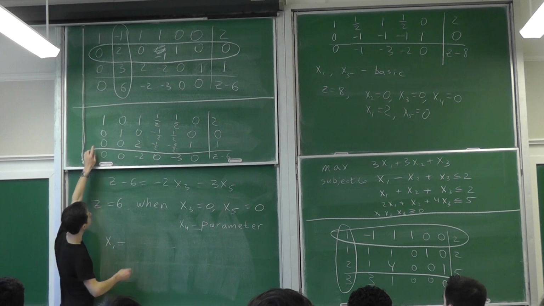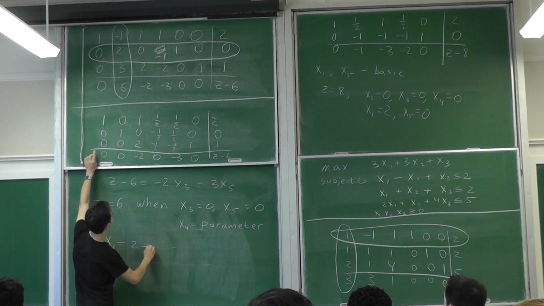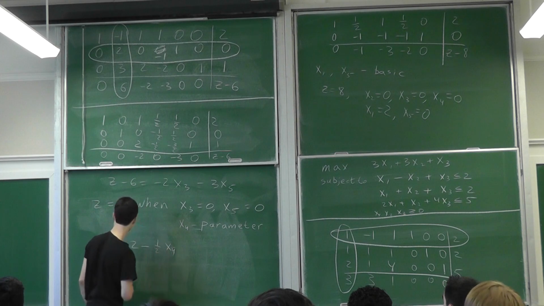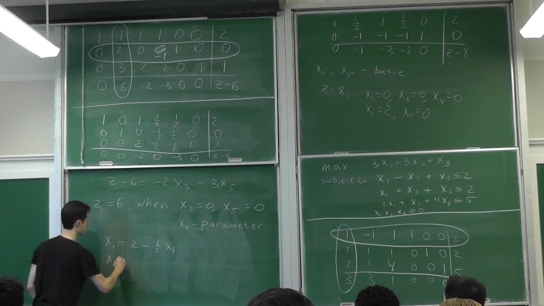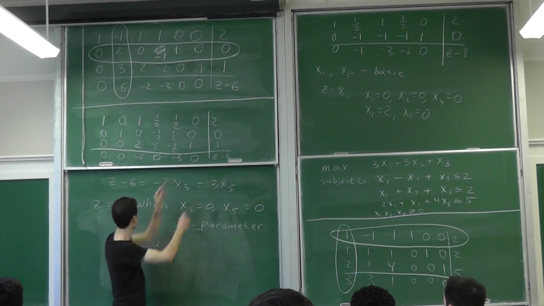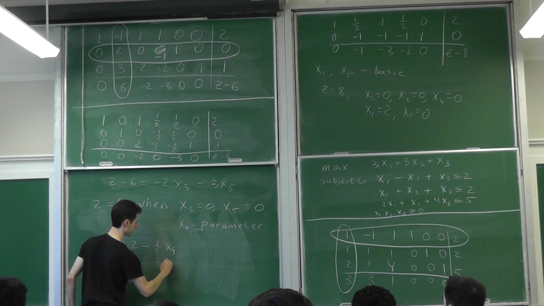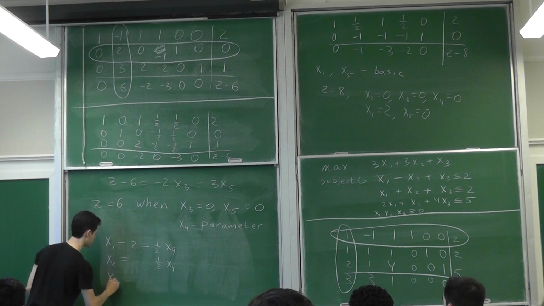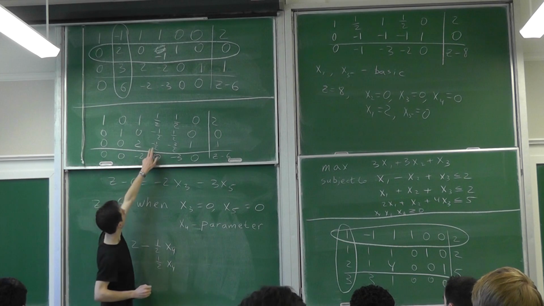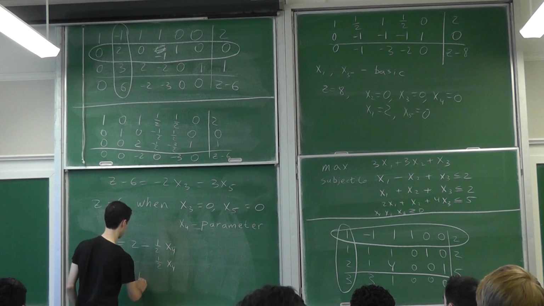So x1 is 2 minus 1/2 of x4. x2 is 0 plus 1/2 of x4. x6 is 1 plus 1/2 times x4.